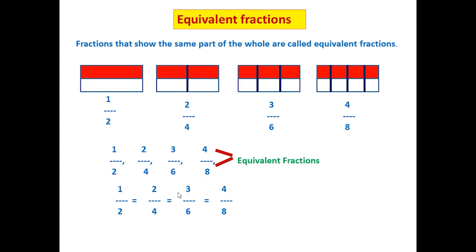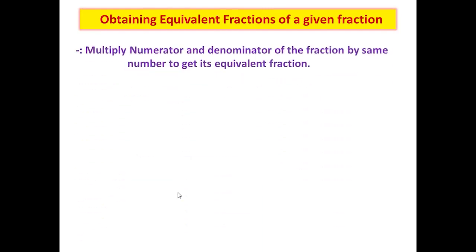Now let's see how we can obtain the equivalent fraction of a given fraction. Multiply the numerator and denominator of the fraction by the same number to get its equivalent fraction. Now let us solve an example to understand it better.